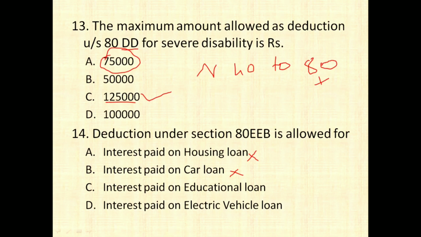Interest on education loan is under section 80E, which we discussed a few questions back, right? And interest paid on electric vehicle loan. So for 80EEB, what you can remember is that it is nothing but interest paid on electric vehicle loan. This is the right answer for this option.